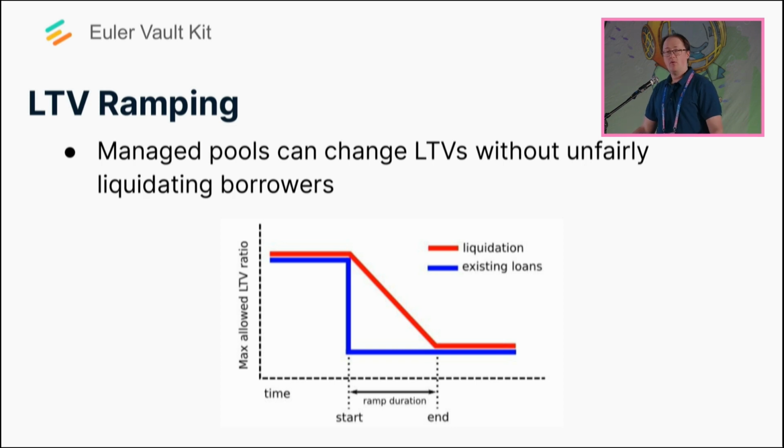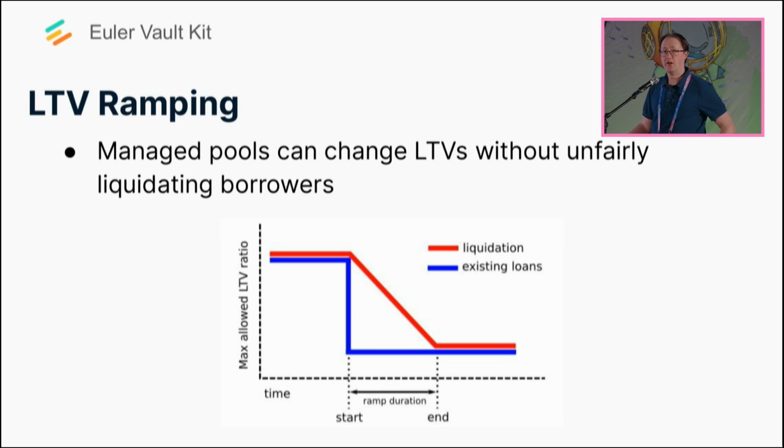And one of the problems we saw with that was that in a managed pool, well, LTVs can change for various reasons, right? Like, let's say that previously believed secure collateral is no longer secure or less secure, then you'd want to reduce the LTV, right? The problem we saw with that, though, is that in most designs, if you reduce the LTV immediately, a lot of people with existing loans will be instantly liquidated under very unfavorable conditions, right?